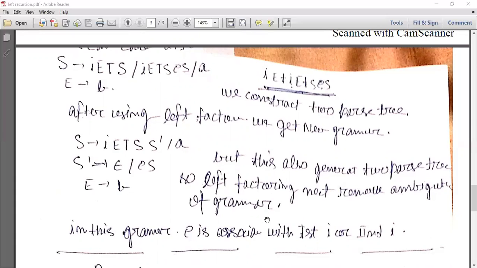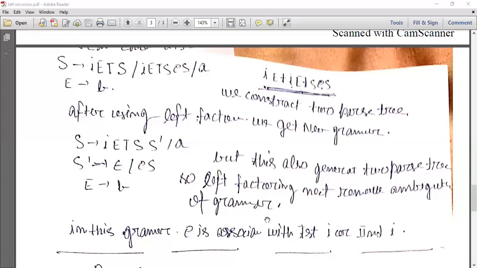So in this section, I want to tell you, if you convert a non-deterministic grammar to a deterministic grammar, there is no guarantee that the grammar is unambiguous. The simple meaning is: if the non-deterministic grammar is unambiguous, then the deterministic grammar will also be unambiguous. If the non-deterministic grammar is ambiguous, then the deterministic grammar is also ambiguous.